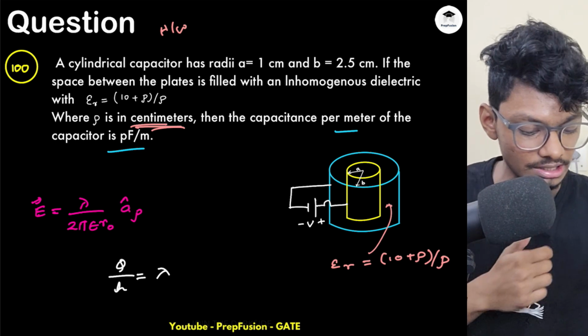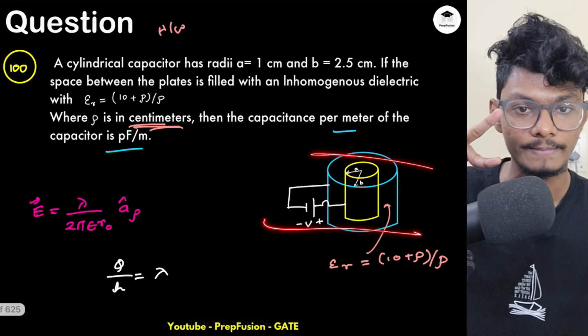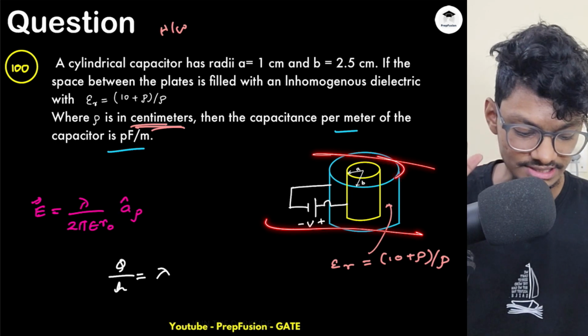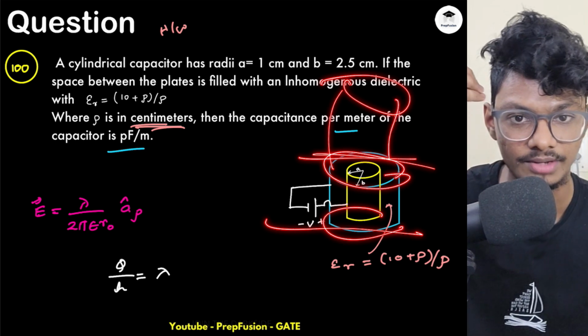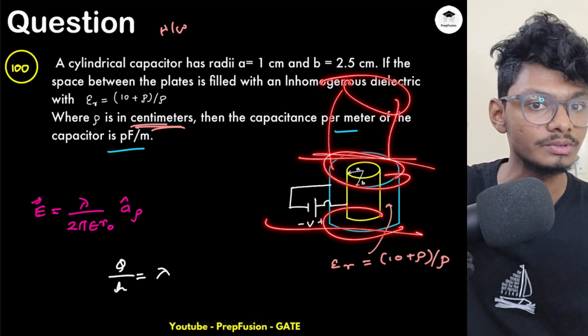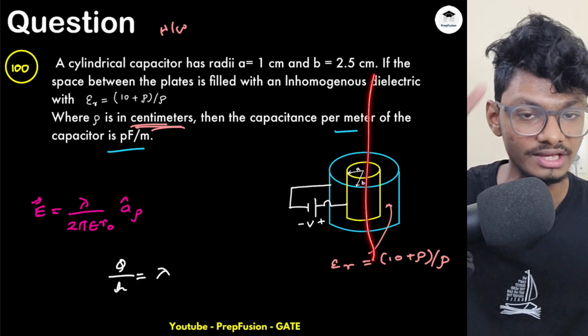That is not the correct way. If I cut this along the height, then this capacitance whatever I will get here as well, if I cut this distance height, I will get the same capacitance. So that is what capacitance per meter means. It should not vary basically, right?